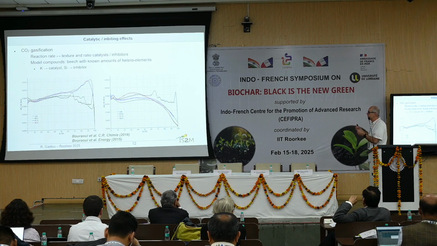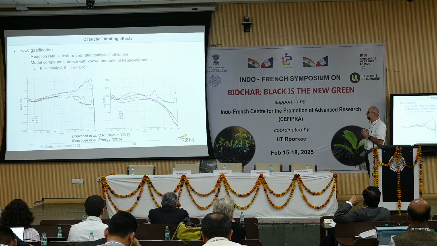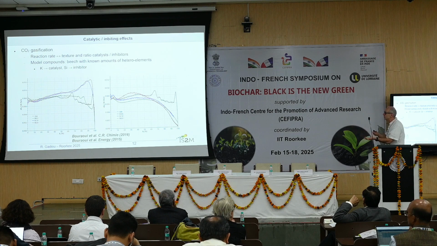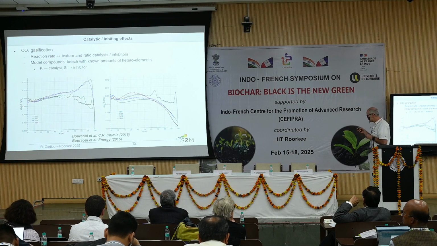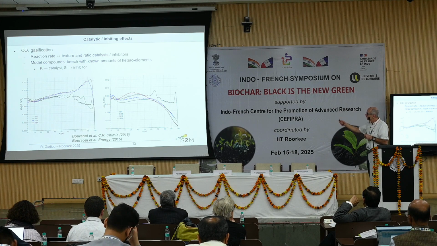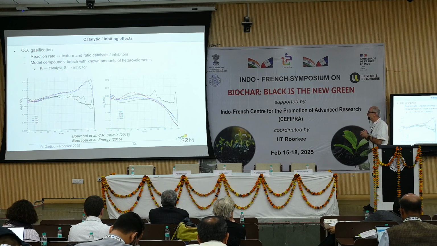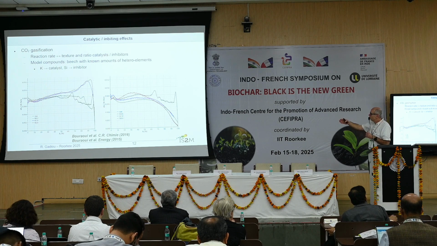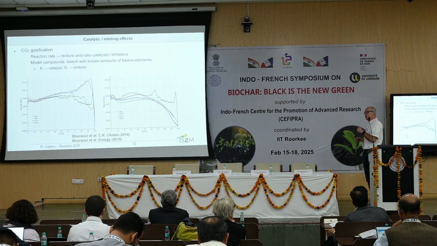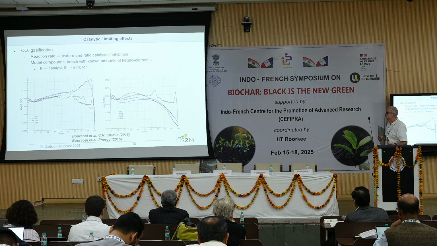We have doped the material with different amounts of potassium and silicon, which are known as catalysts or inhibitors. And what we see is that when you have a material which has these elements, on the left you have the effect of potassium. We see that when you have 2%, for example, which is a classical amount, up to 60% of gasification, you have nearly no effect.